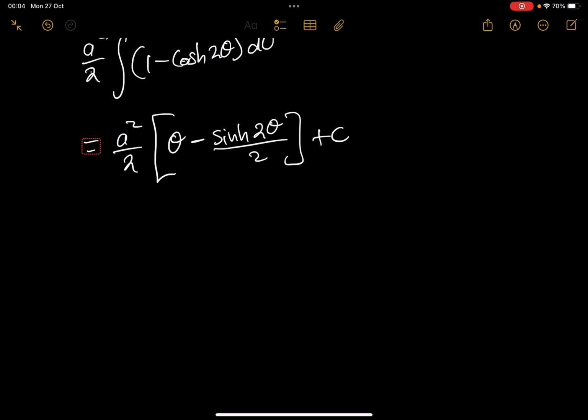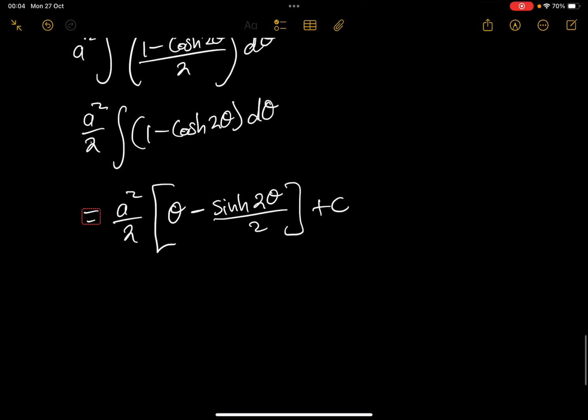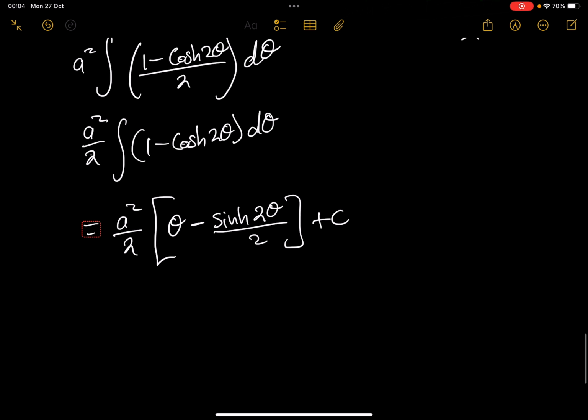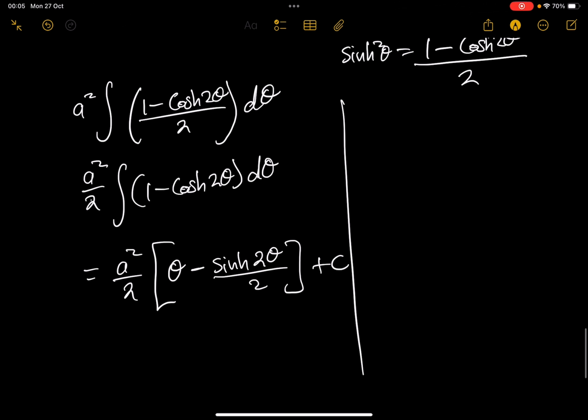So from here we have this, so this is sine 2 theta. We need to break it down again. We know that sine 2 theta is equal to 2 sine theta cos theta.